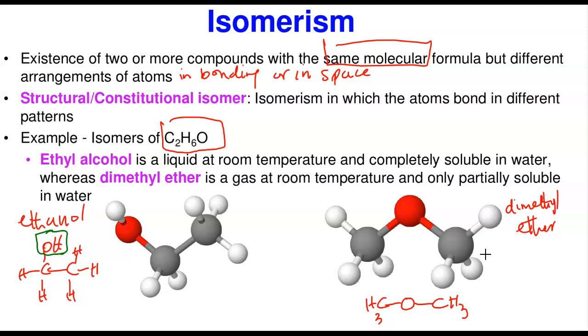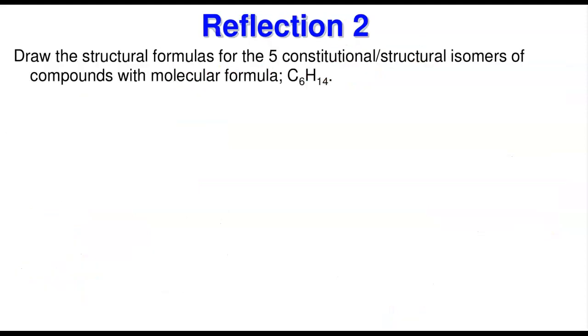This one has a low boiling point compared to this, and only partial solubility in water. However, like I said, they have the same formula but different chemical properties. And this is what we call structural or constitutional isomerism. Now we're going to use the first problem to digest this completely.